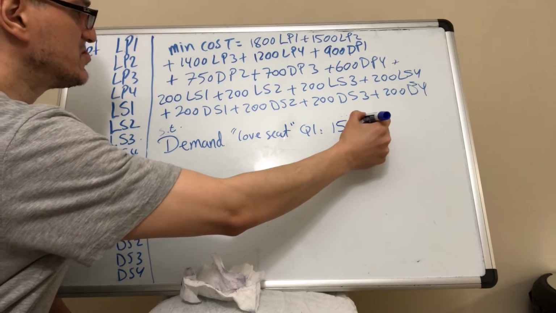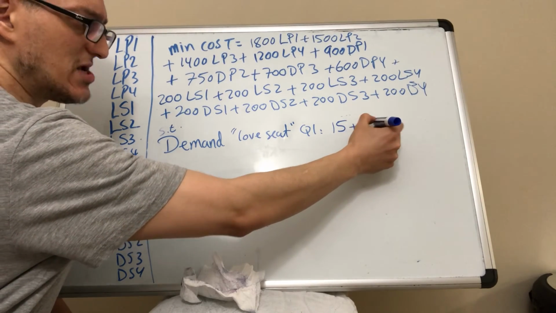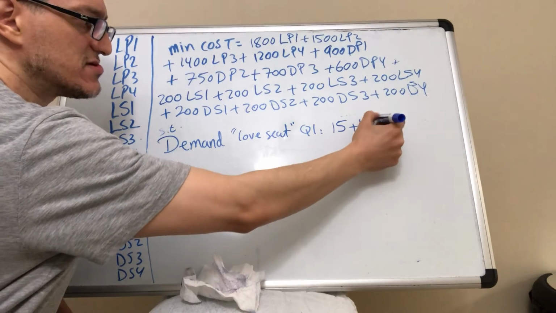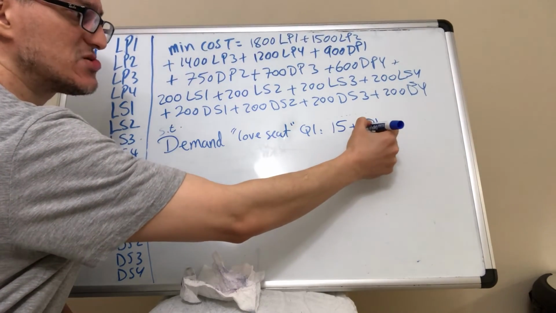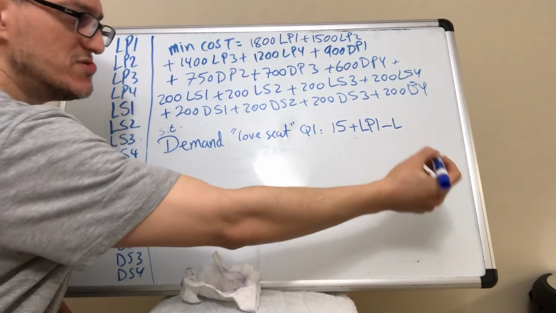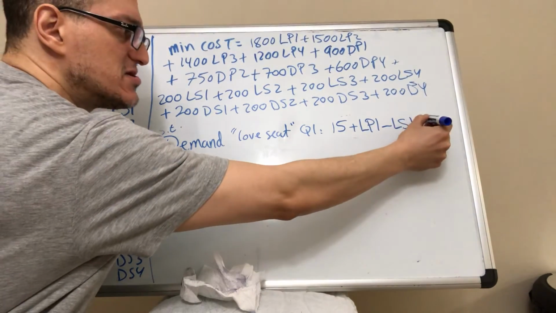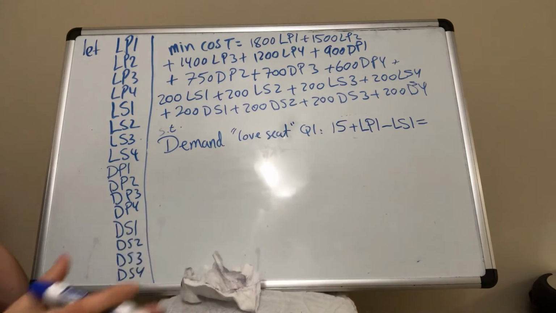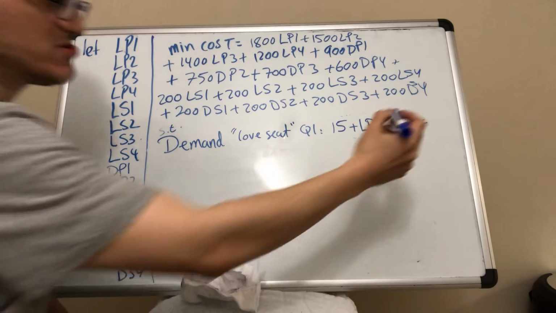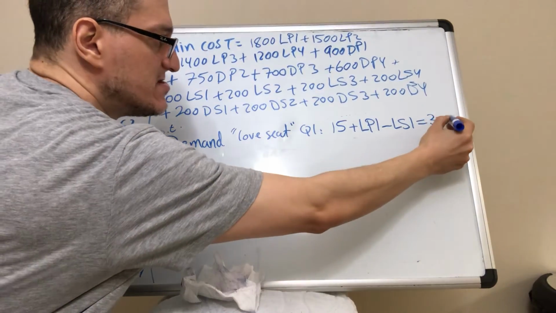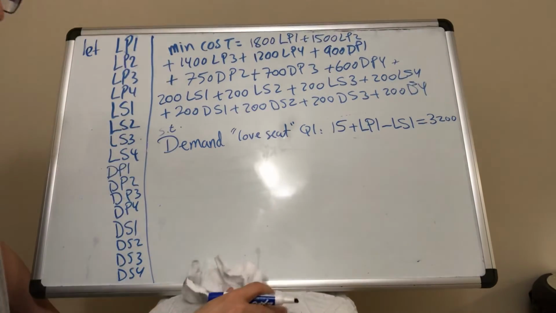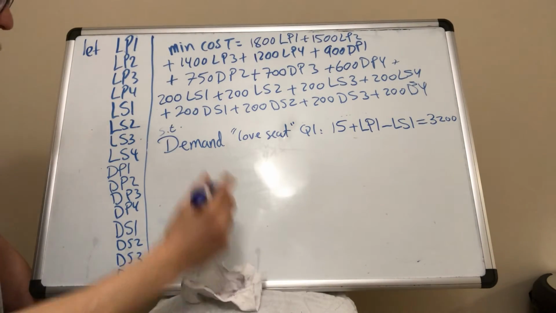You can produce some, so you can add more love seats produced. Minus, you can store some of the ones you produce. But whatever you do, you need to satisfy the demand. And the demand here is 3,200. This is how you satisfy demand for love seat Q1.